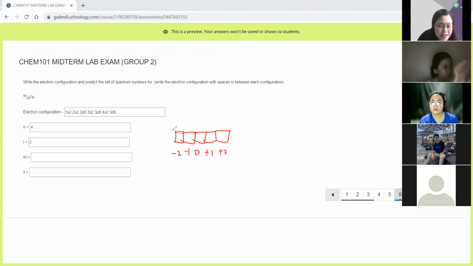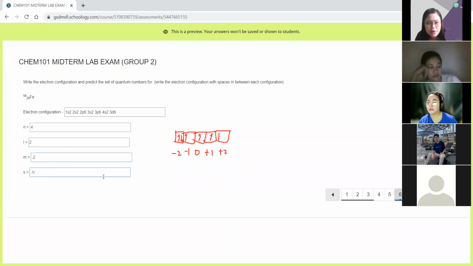And then we will fill in 6 electrons: 1, 2, 3, 4, 5, and 6. So the last electron is written in the -2 orbital, and it's spinning down. So this is -1/2. Okay? This is for the iron.